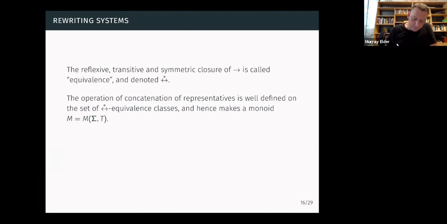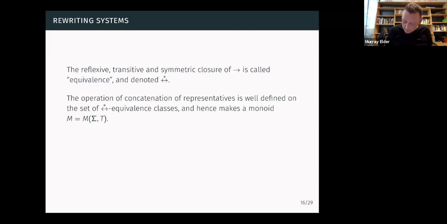So then on top of that, we throw the operation of concatenation, and we see that that gives us a monoid. So you've got the set of all equivalence classes of things that you can reduce and get between each other. And if you concatenate two representatives and then reduce it to something, then you could have reduced first and then concatenated.